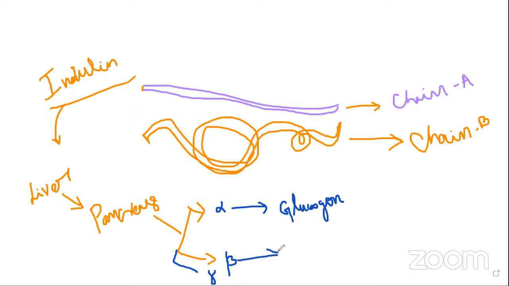What about the beta cell? It secretes insulin.